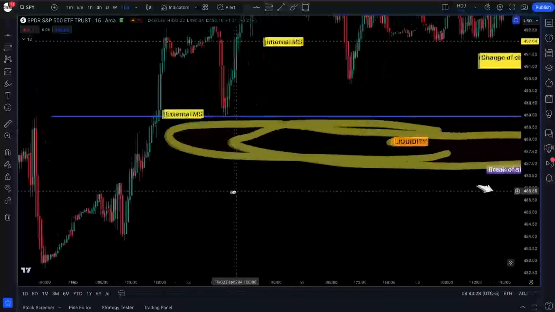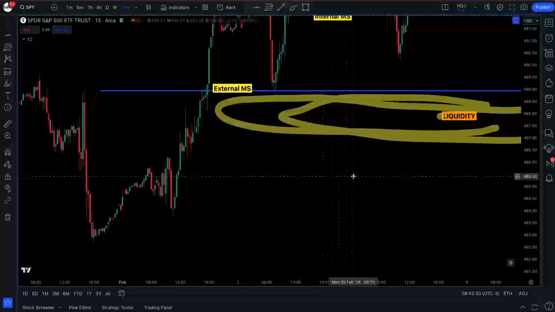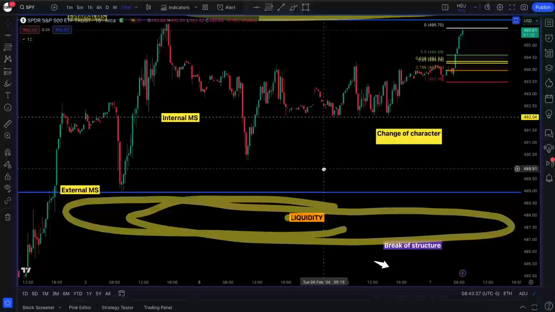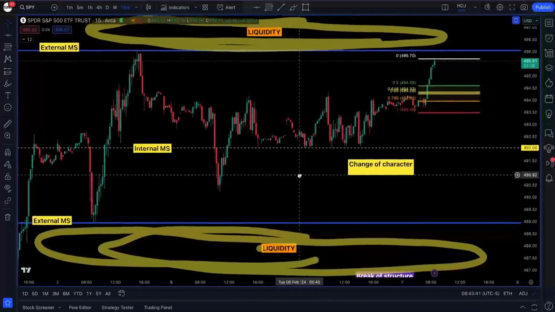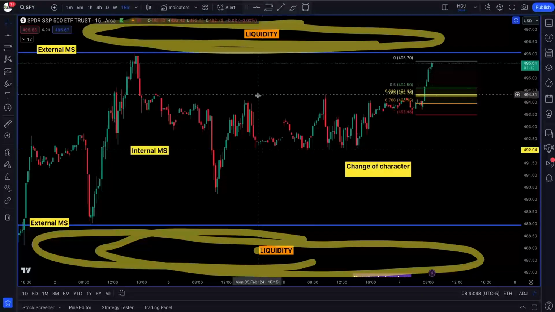They can pretty much assume where your stop loss is going to be. And at times, the price action will come hit your stop loss, then continue to head in the direction that you want it to go. So liquidity is just something to be aware of, especially at highs and lows.